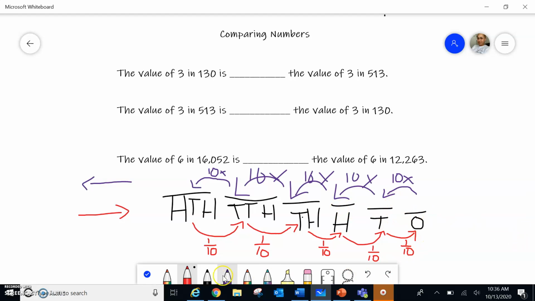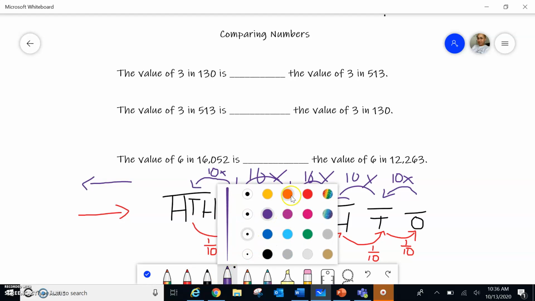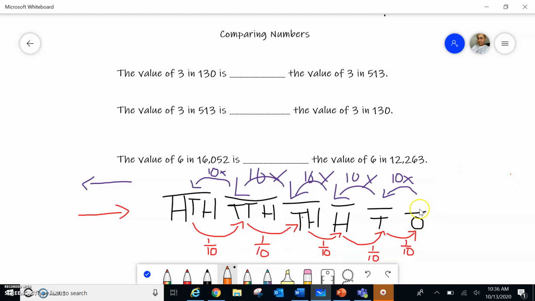But now let's think about this. If I go from, let's use a different color, let's try orange. So if I go from ones to, let's say, hundreds, how much larger is the hundreds place than the ones place?